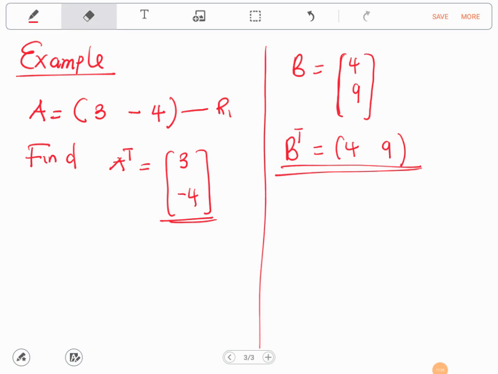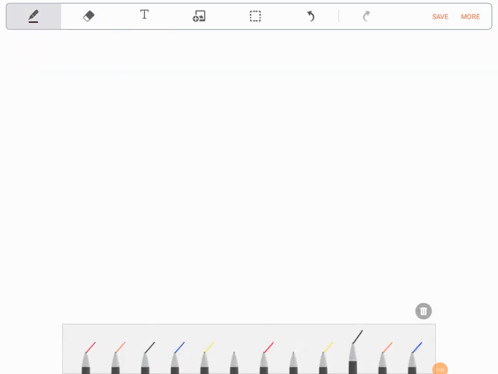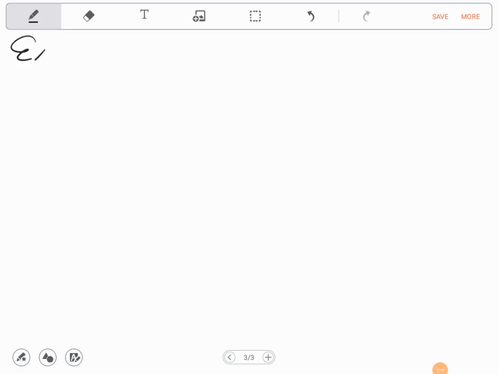Now, I want to give you an example on equal matrices. Let's look at an example on equal matrices.